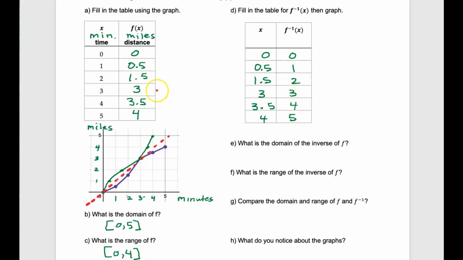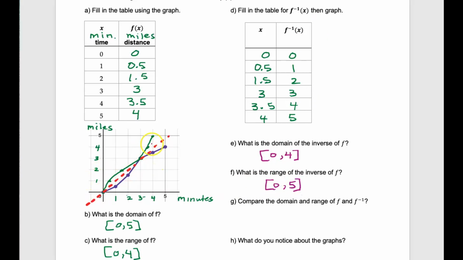So when we're looking at the domain and range of this, the domain of our inverse, remember, is going to be our input values. So that's going to be from 0 to 4. And then the range of the inverse of f of x is going to be from 0 to 5.